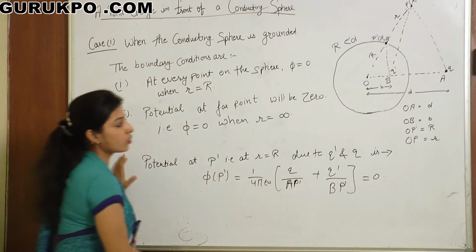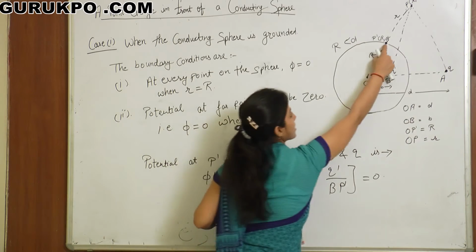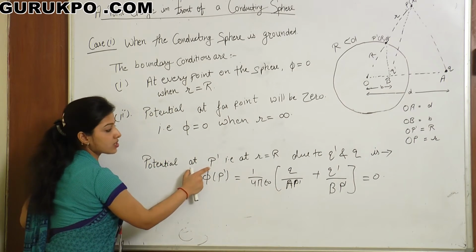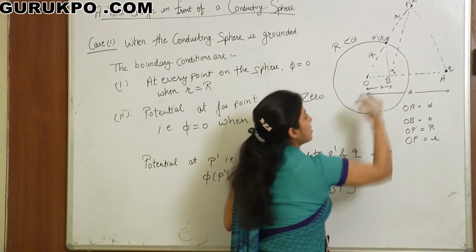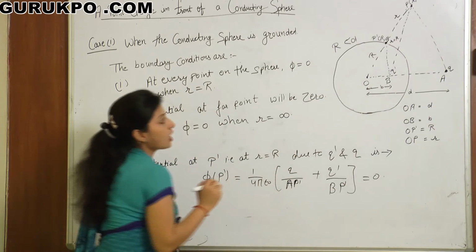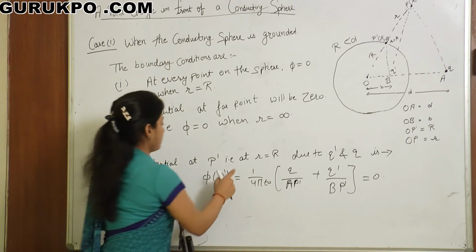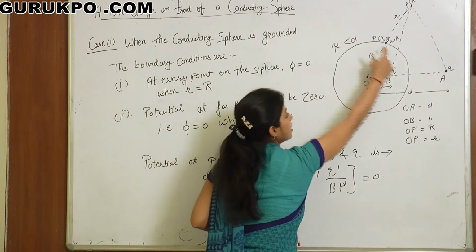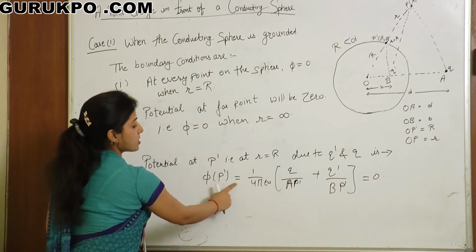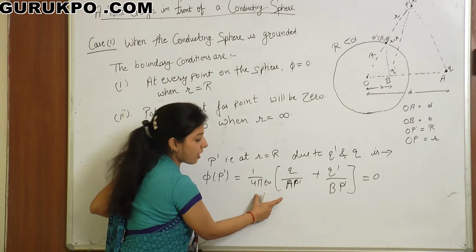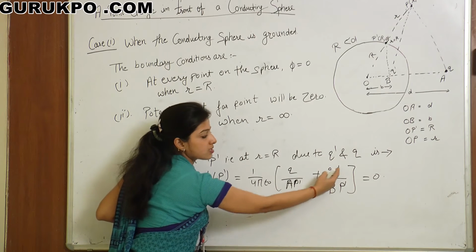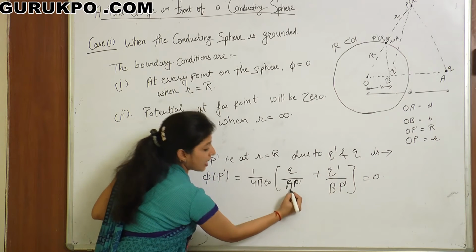Now we have to calculate potentials at point P dash and point P. Now potential at P dash, where small r equals capital R, and the potential at this point due to Q dash and Q will be phi P dash equals 1 upon 4 pi epsilon naught times Q upon AP dash plus Q dash upon BP dash.